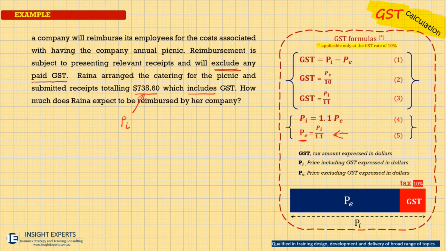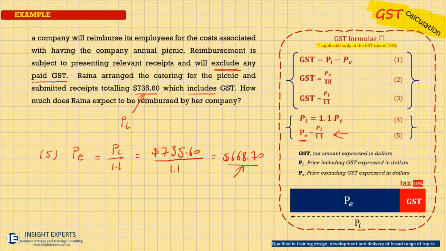So from equation number 5, PE, which is the price excluding GST, I divide $735.60 over 1.1, which would be equal to $668.70. So that's how much she has to submit for reimbursement to her company.